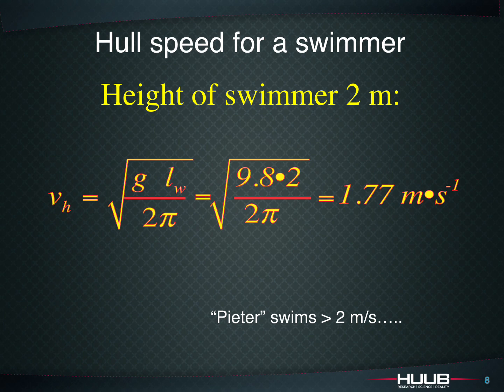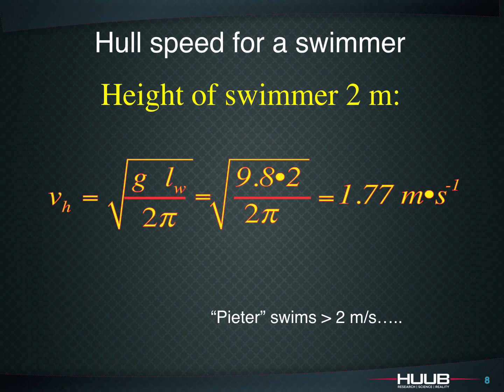So this is rather strange, because ships or boats have difficulty going faster than their hull speed, and swimmers more or less go faster than hull speed.